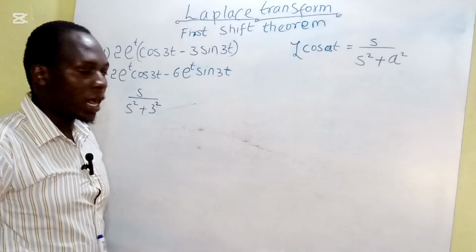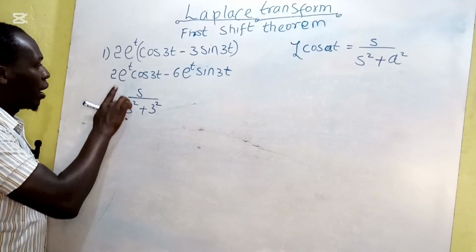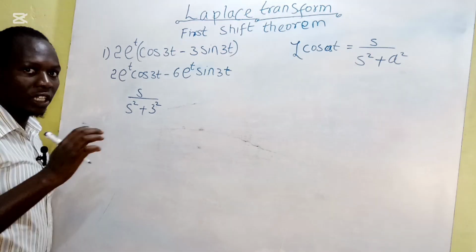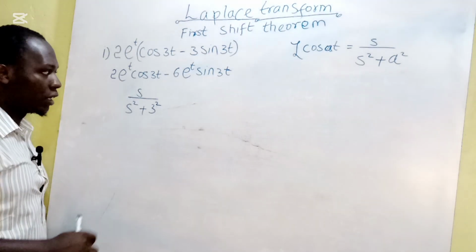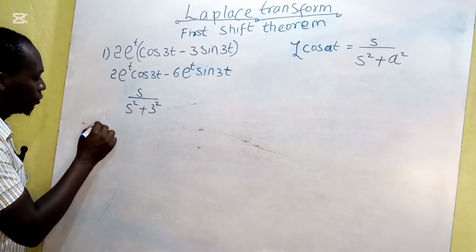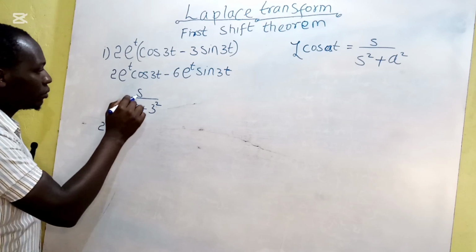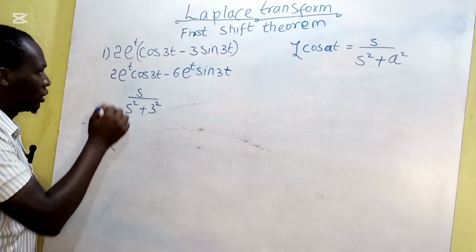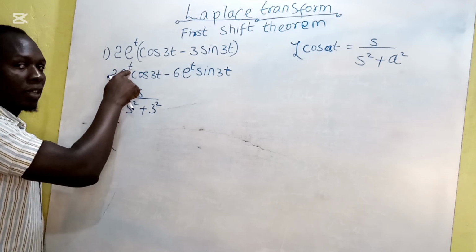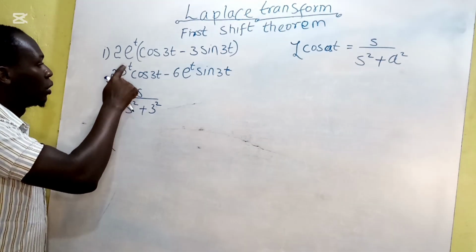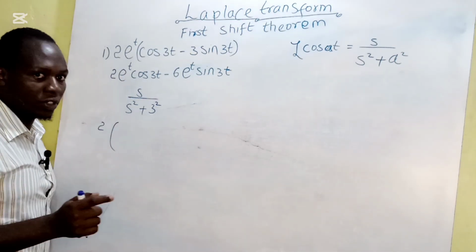Now we want to do our shifting on our term on this side, whereby when we are doing the shifting, it is only the term of s that is being shifted, to mean that we are going to have 2 into the term of s will be shifted this way. When you check here, the coefficient of the exponential is equals to a positive of 1, because we are having here t, so it is a positive of 1.